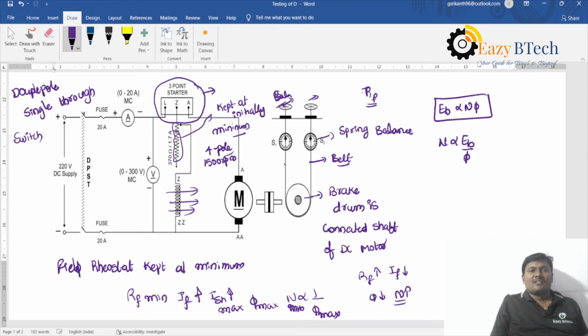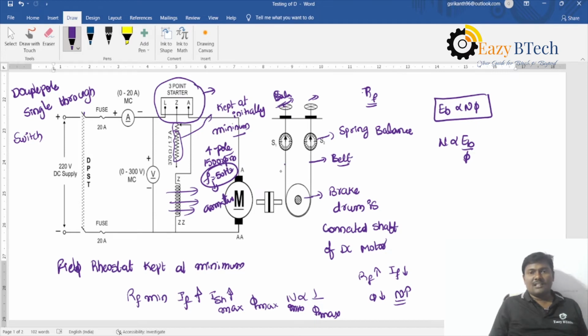That is 1500 rpm for a 4-pole machine, and the frequency of the armature is 50 Hz. Once again, listen students: frequency is present in the armature conductors' EMF, but externally we are applying DC, so the frequency of the supply is 0.